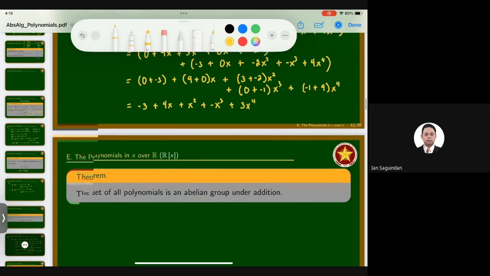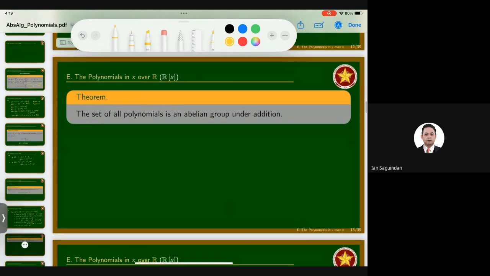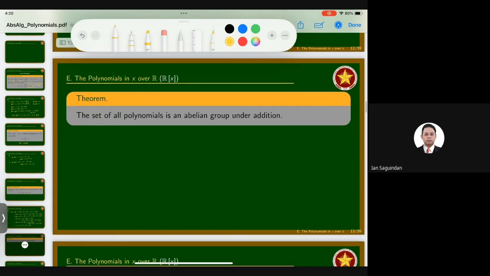Okay, next one. Of course, since we already laid down the concept of polynomial sum, we are now going to proceed with establishing this theorem that the set of all polynomials is an abelian group under addition. So for the closure part, we are going to utilize the definition.